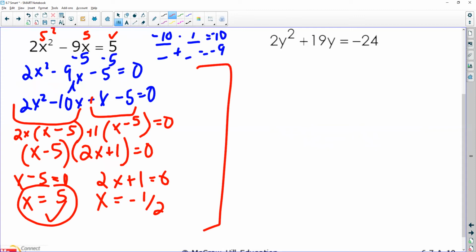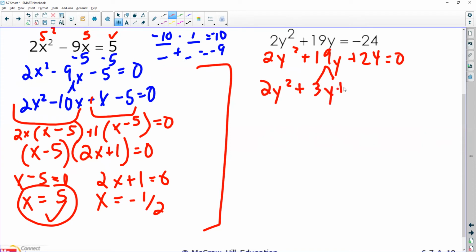So it's going to end up being 2y squared plus 19y plus 24 equals 0. I want two numbers that multiply to 48 and add to 19. They are going to be 16 and 3. So I'm going to make 2y squared plus 3y plus 16y plus 24.